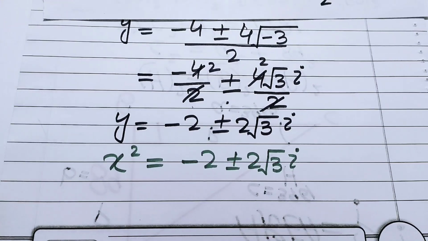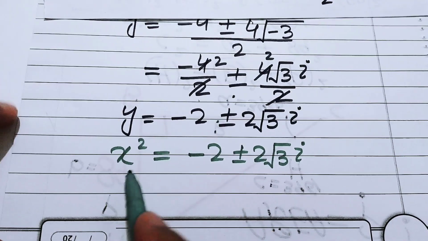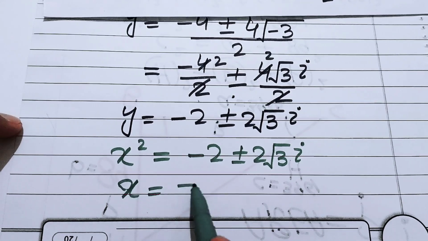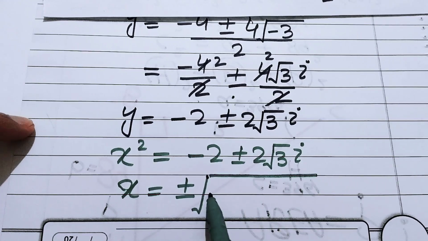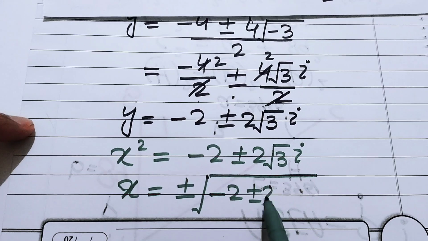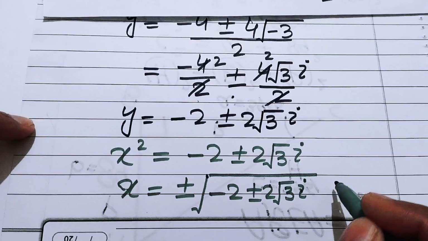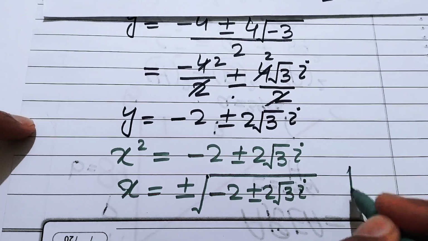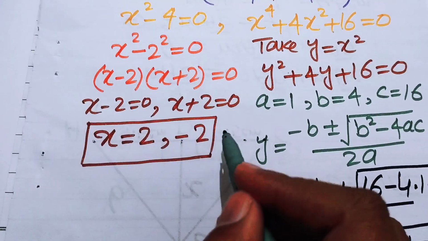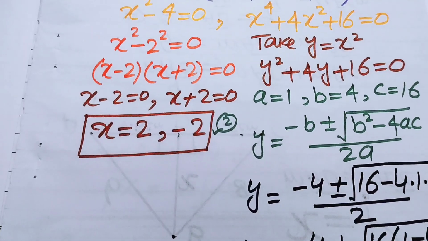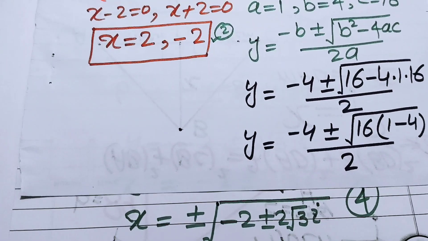To find the values of x, we take the square root on both sides, and we get x equals plus minus the square root of minus 2 plus minus 2 times the square root of 3 times iota. So these are the 4 roots, plus the 2 roots from before. These are the total 6 roots of the given equation, and this is our final answer.